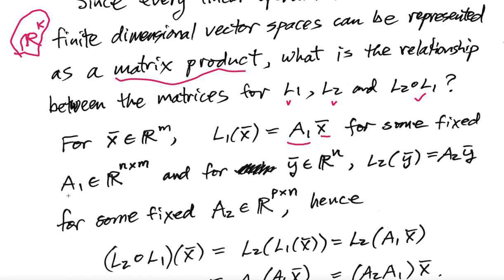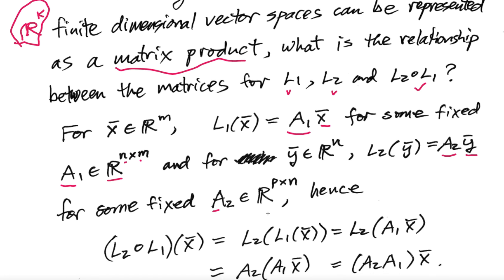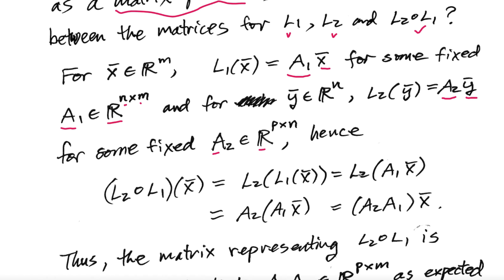This would be a real matrix, n by m, because it takes m-vectors and turns them into n-vectors. Now for y an element of R^n, L2 acting on y would be some matrix A2 multiplied by y. A2 would have to be a real matrix, p by n, because it takes n-vectors and turns them into p-vectors.